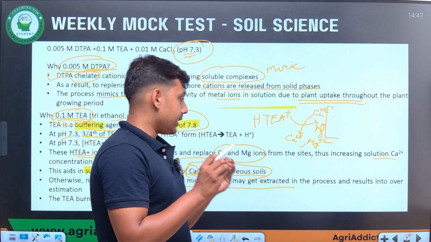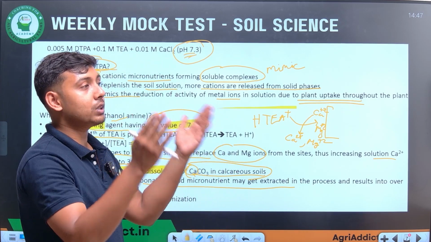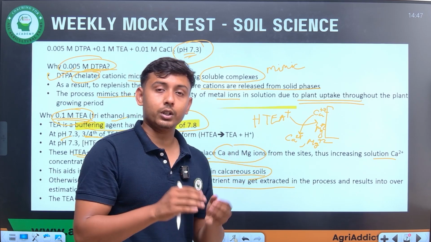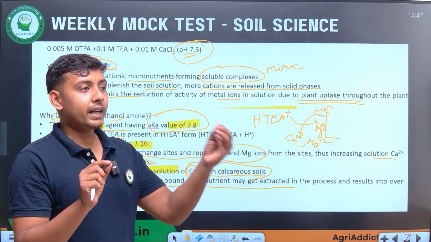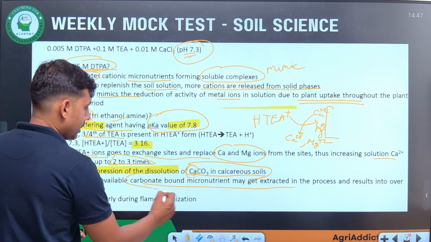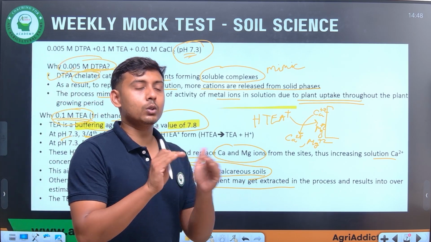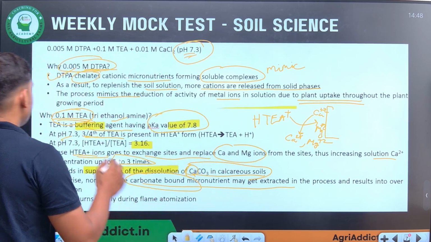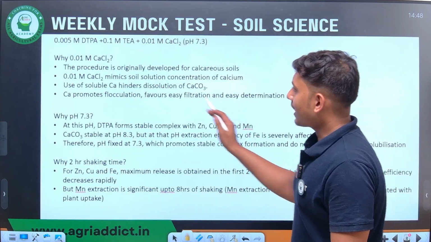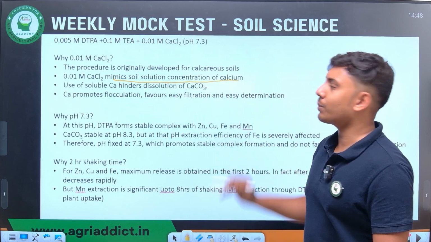As it is not taken by the plant, there will be overestimation, meaning we will get a huge amount of data for those micronutrient concentrations, but the plant cannot actually take up that carbonate-bound micronutrient, so it will not correlate with plant uptake. So this is the function of TEA. What is the function of calcium chloride? Calcium chloride is for mimicking the soil solution concentration of calcium.